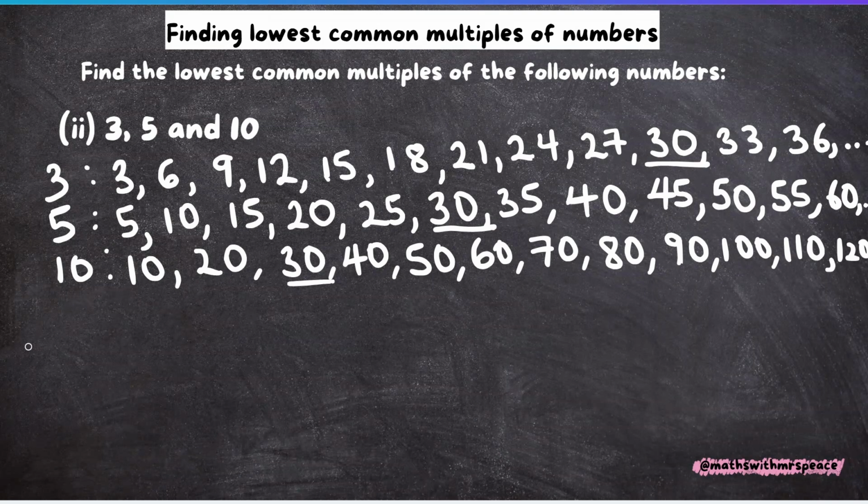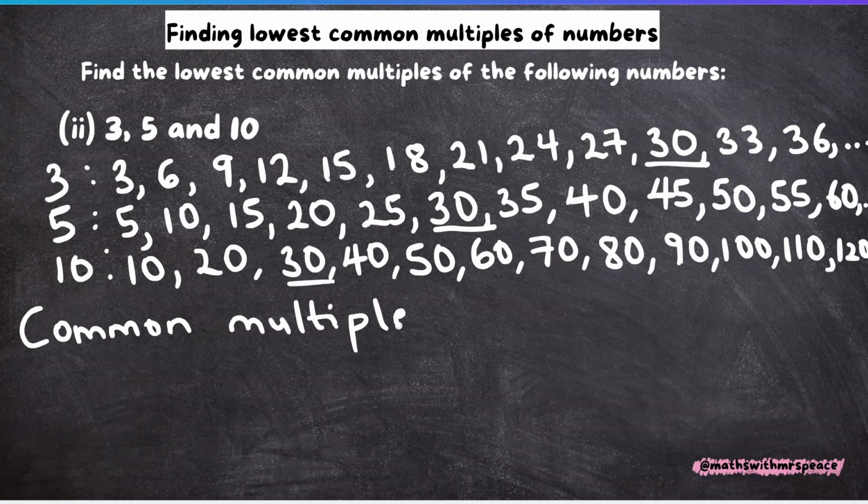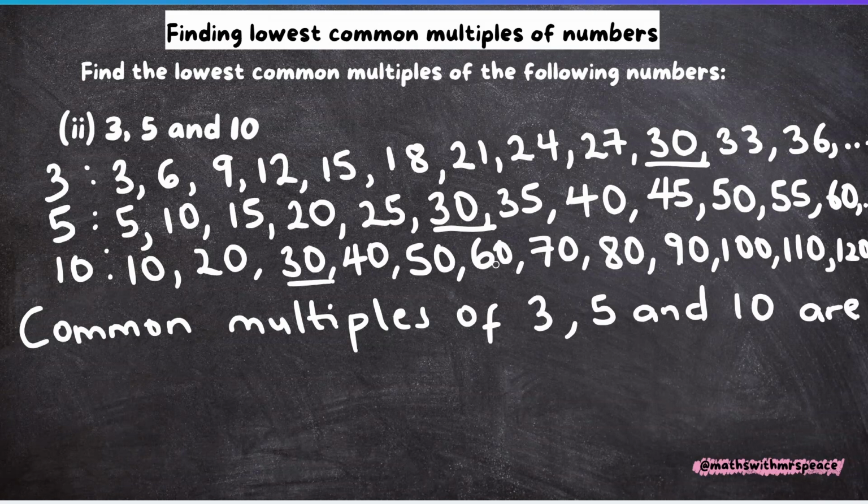We have 30 here. So I'm going to say the common multiples of 3, 5, and 10 are 30, and I'm just going to leave room for more.